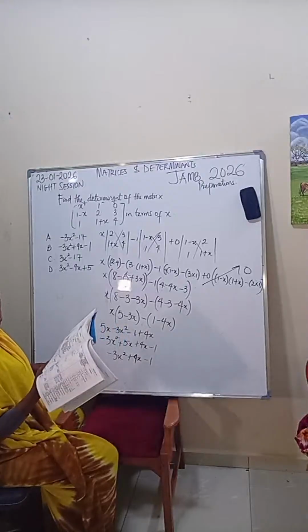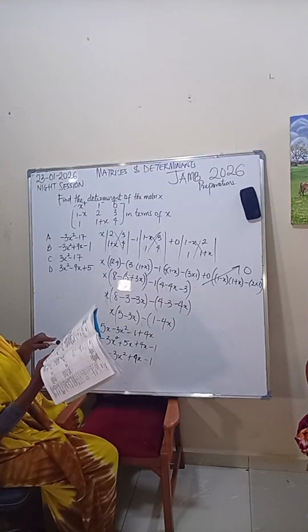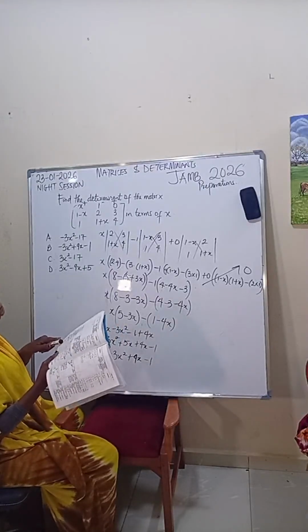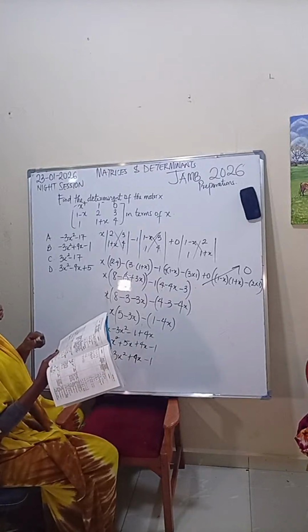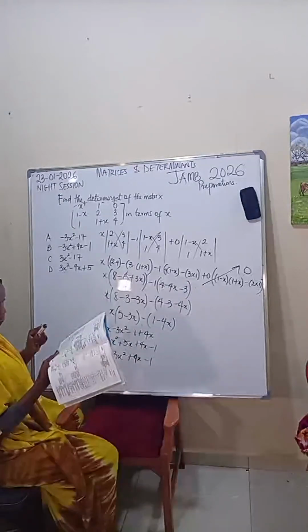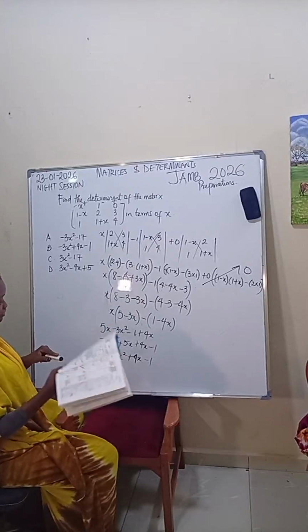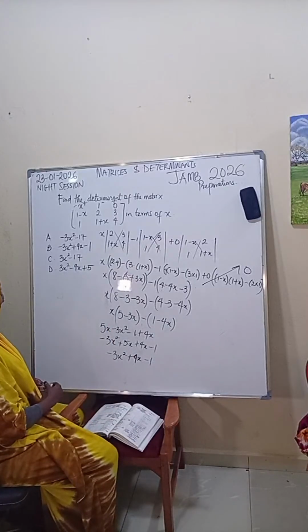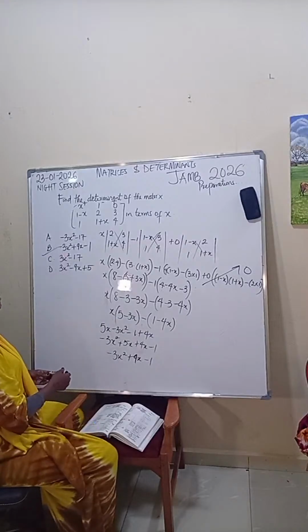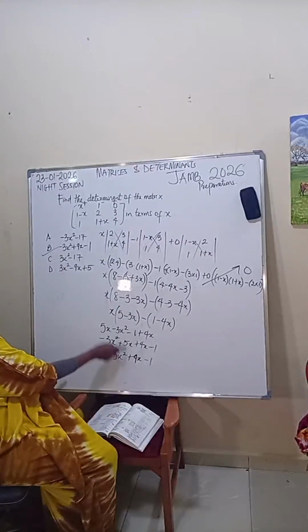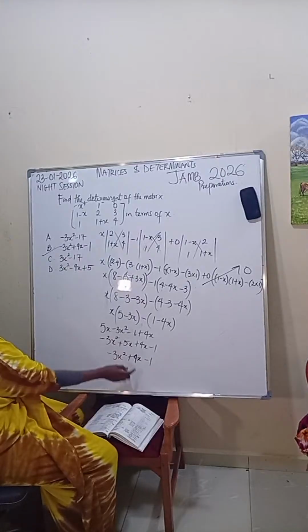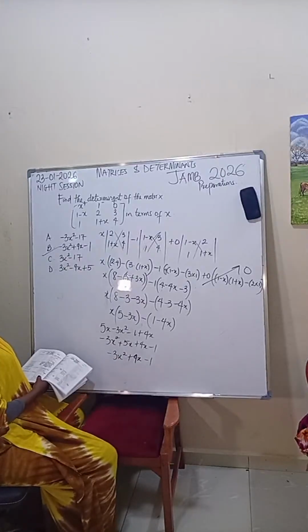Option A, 3x squared minus 17. Option B, minus 3x squared plus 9x minus 1. Option C, 3x squared minus 17. Option D, 3x squared minus 9x plus 5. So as you can see, the correct option is Option B, minus 3x squared plus 9x minus 1. So hope we are clear.